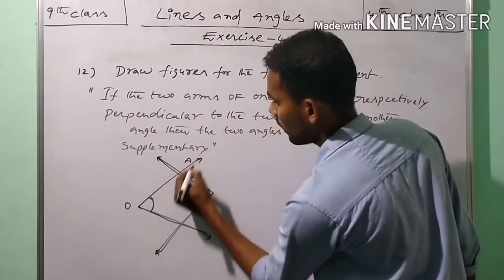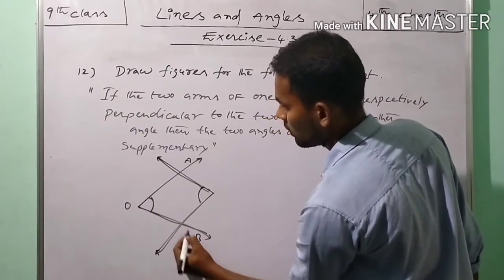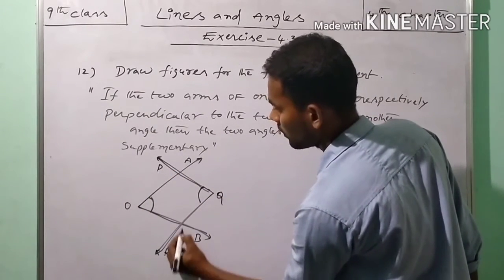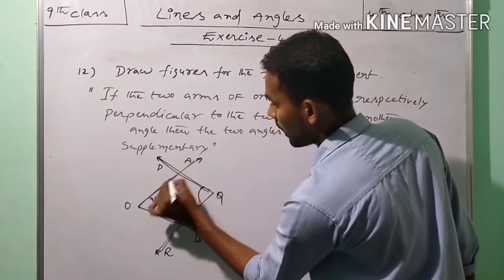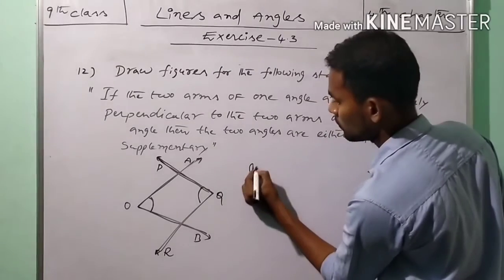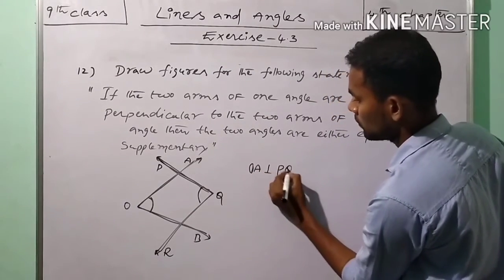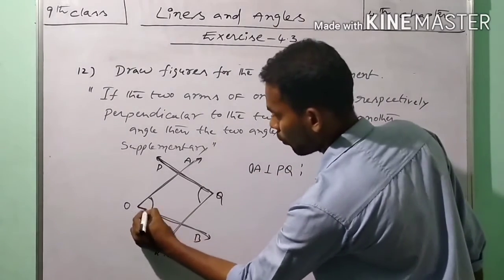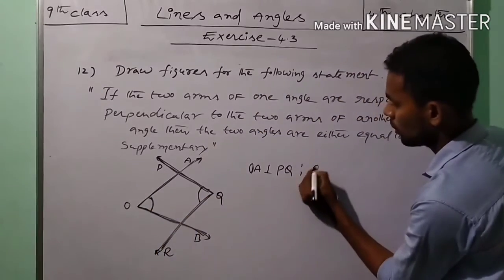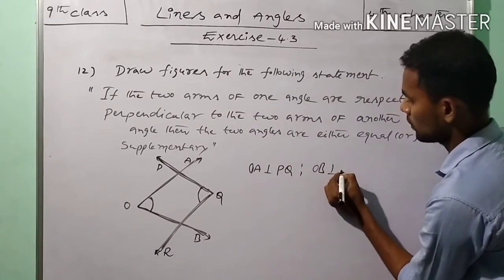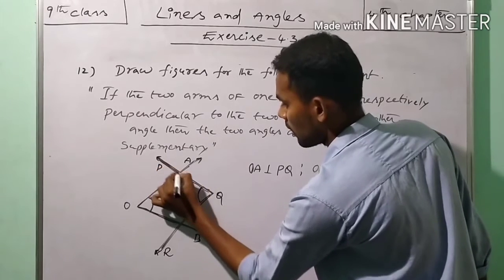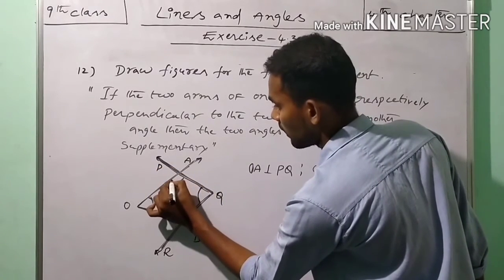Angle OAB and angle PQR. OA perpendicular to PQ, and OB perpendicular to QR. OA perpendicular to PQ, this angle is 90 degrees.